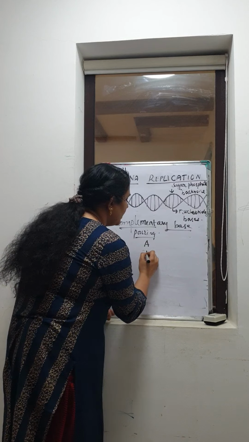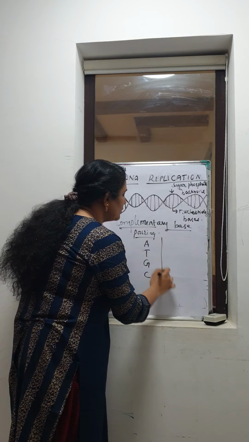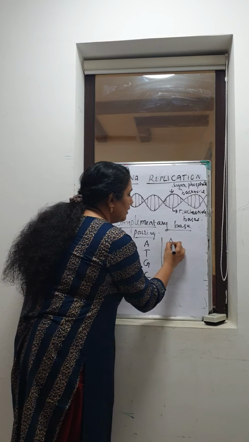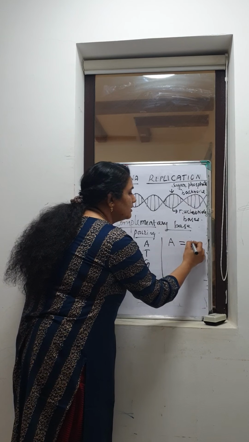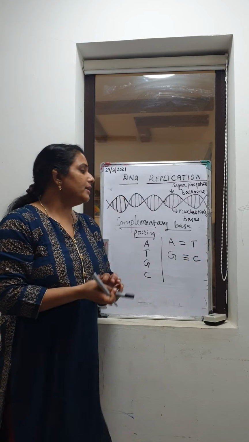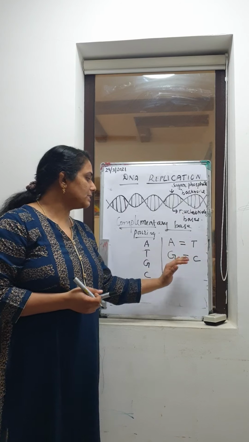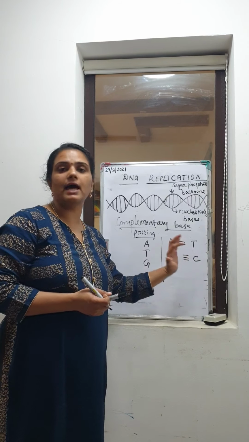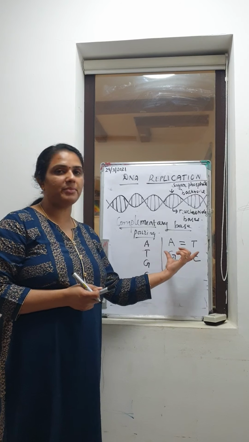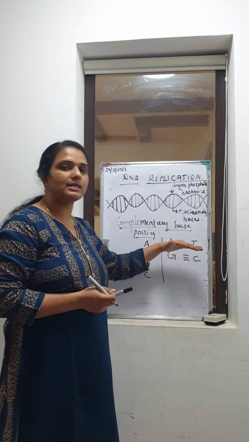Adenine, thymine, guanine and cytosine. Here the nucleotide bases are in a paired manner. Adenine is always paired with thymine, and guanine is always paired with cytosine. Adenine is paired with thymine by means of hydrogen bonds, and guanine is paired with cytosine by means of hydrogen bonds. This is called complementary base pairing. So this will not be mismatched. This pair will always be like this.